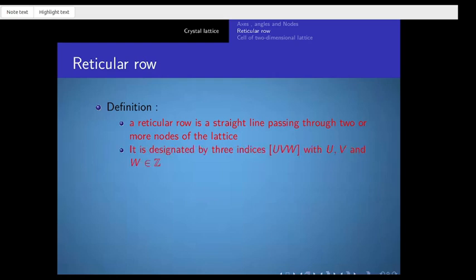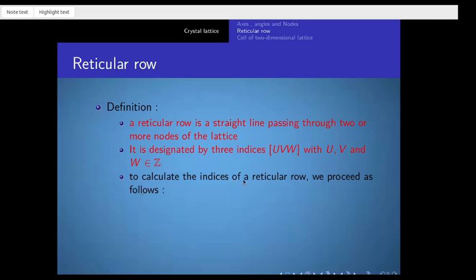It is designated by three indices, U, V, and W with capital letters, and U, V, W are three relative integers, which are in the mathematical set Z. I said also that U, V, and W here must be coprime.